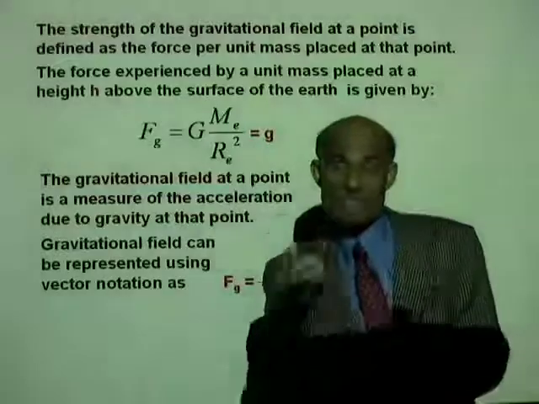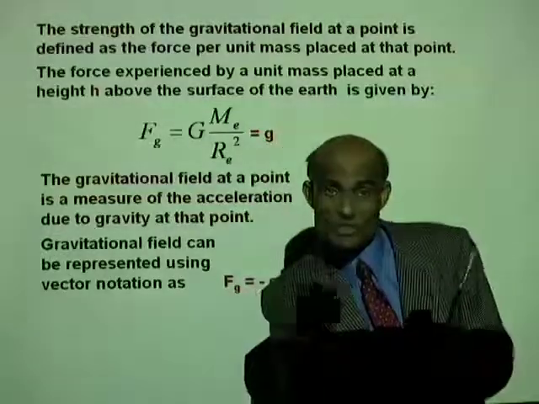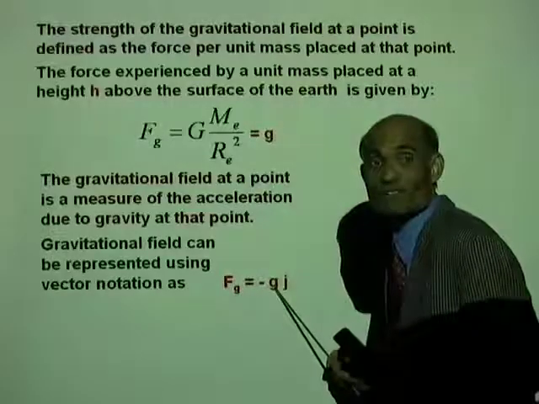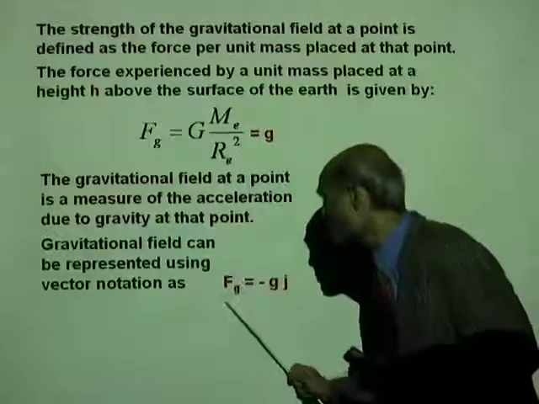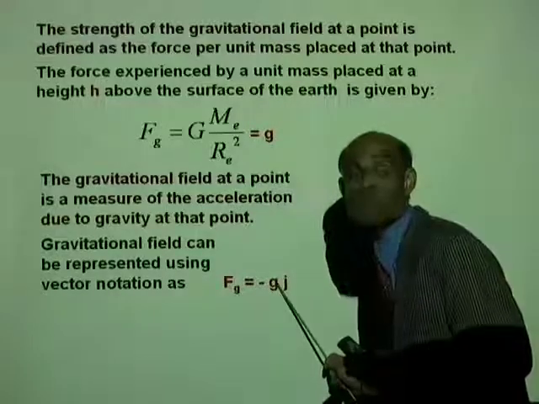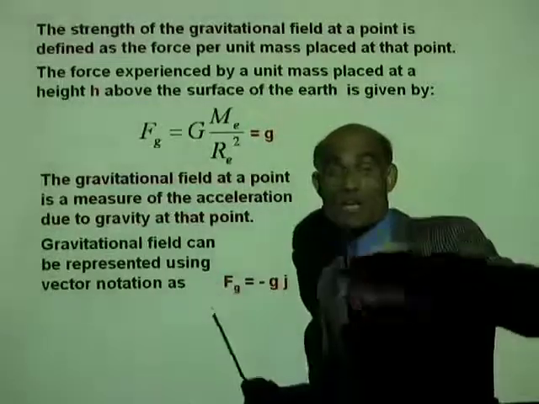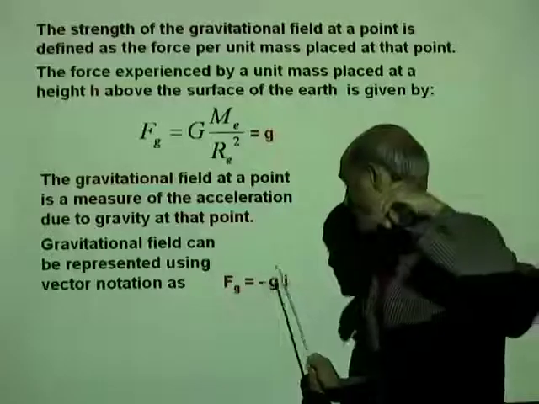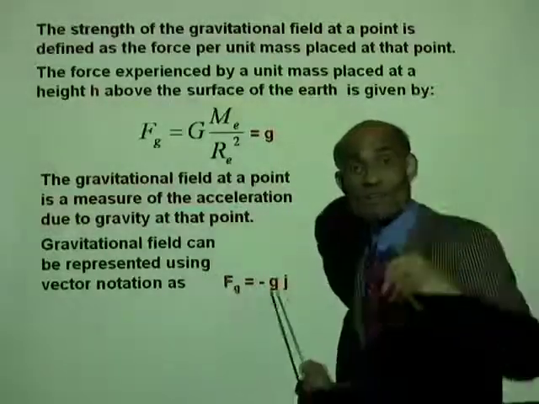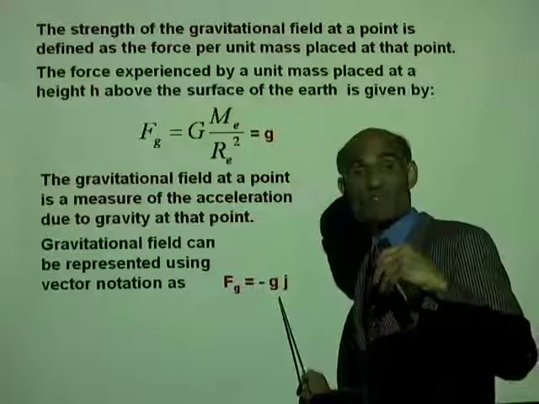And since the gravitational field is directed towards the earth, it is directed downwards, so it is a negative vector. The gravitational field is a measure of g at any point. And you can see as we move away from the earth, the value of g will become smaller and smaller. That means the magnitude of this vector will become smaller.